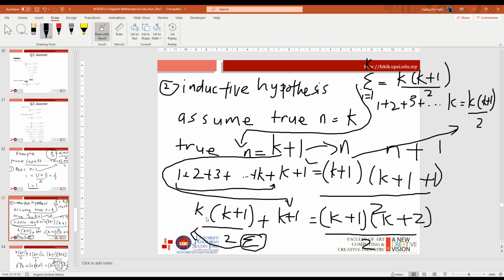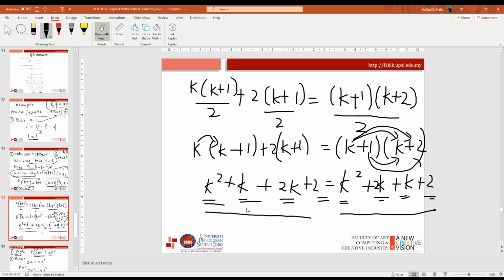Here is k times k plus 1 divided by 2 plus k plus 1, and equivalent to k plus 1 times k plus 1 plus 1 divided by 2. And finally, we got the same, k power of 2 plus 3k plus 2. Okay, we got the same answer, and then it is true.